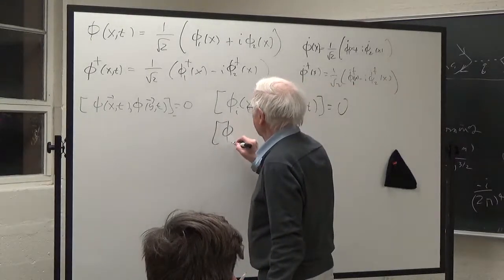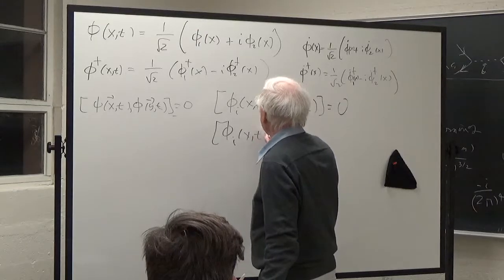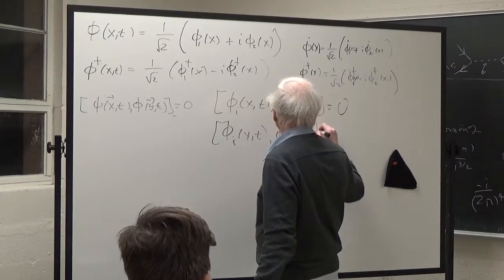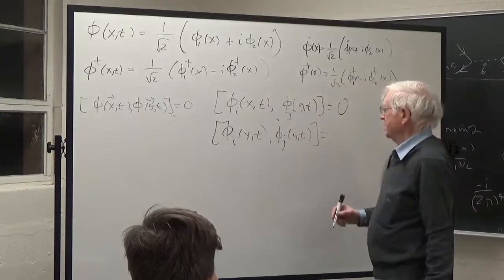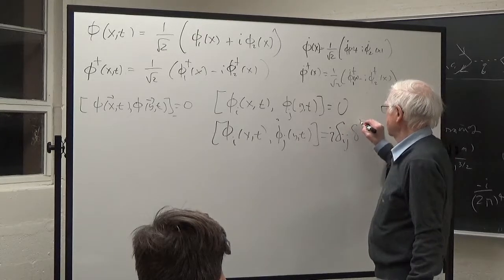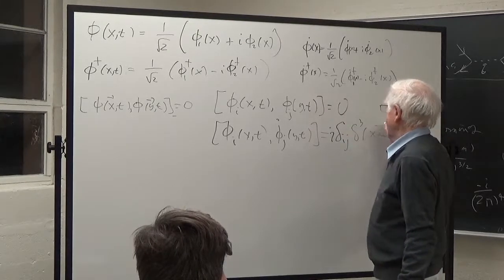And then we want phi i of x and t with phi dot j of y and t. We know what this is. This is i delta ij delta cubed of x minus y.